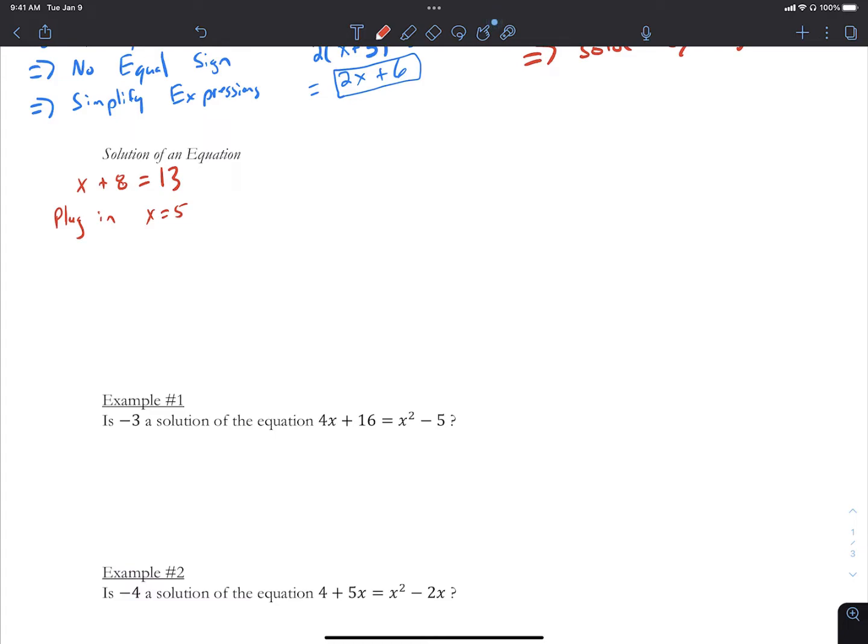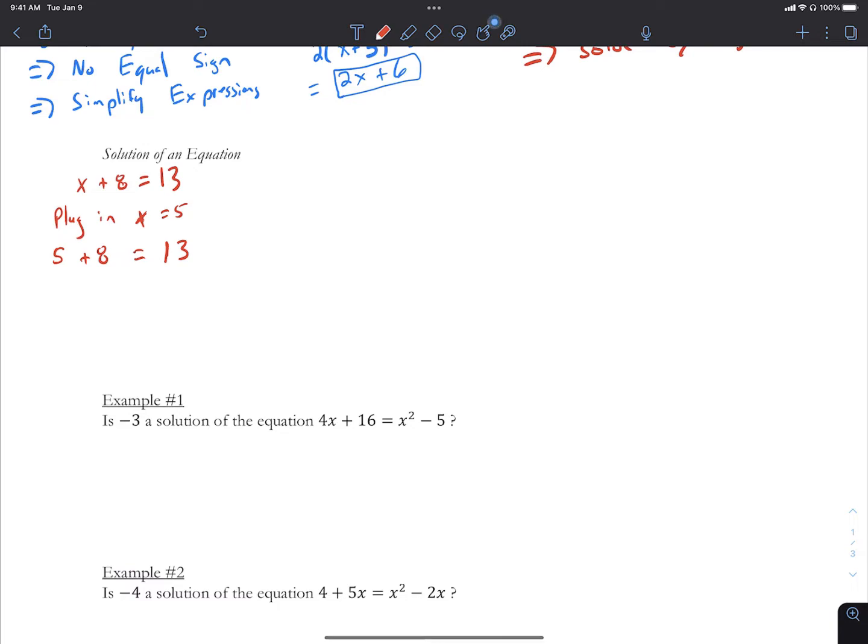So in other words, every place I see an x, I'm going to substitute 5 in its place. So I'm evaluating the equation at 5. So if I plug that in, I would get 5 plus 8 equals 13.